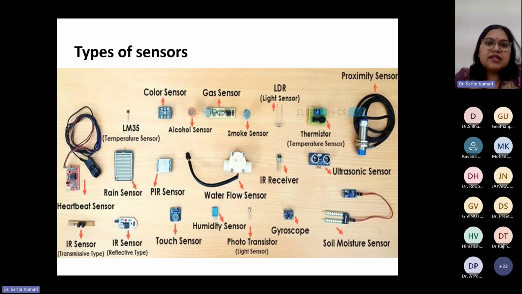So you can see there are different types of sensors given here, that is color sensor, gas sensor, light dependent resistor, proximity sensor, IR receiver, ultrasonic sensor, humidity sensors. We are going to discuss each. I'm going to give the glance of each type of sensors while discussing the different types of sensors.